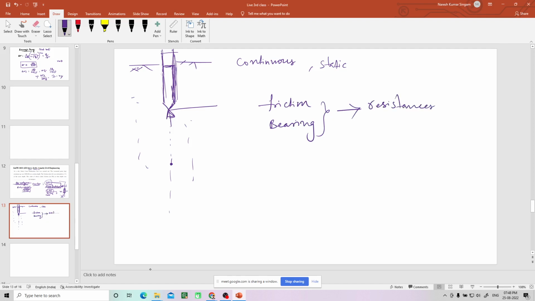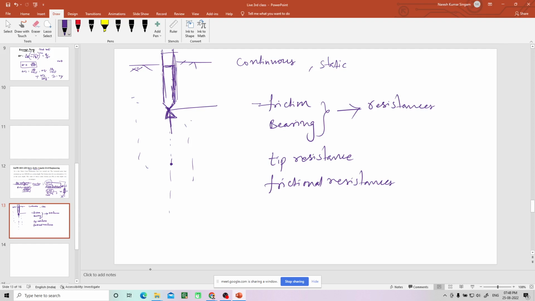The resistance can come from the bearing tip, or the soil can have resistance along this surface, which is called frictional resistance. One is tip resistance, which is also bearing resistance, and another one is frictional resistance. Summing both together, you will get the total resistance of the CPT. If you get the total resistance, you will find out the cohesion and friction.